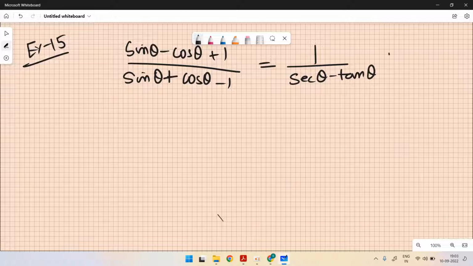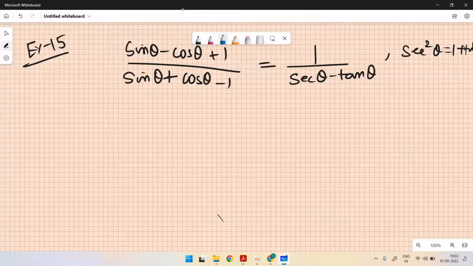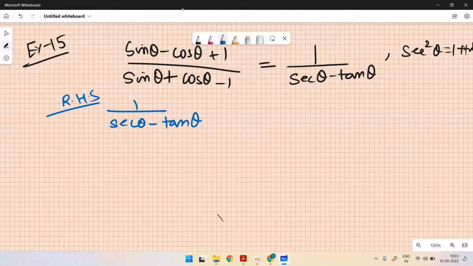They have said you need to use the identity secant square theta equals 1 plus tan square theta. Now, instead of doing LHS, I will first do RHS. My RHS is given as 1 by secant theta minus tan theta. Then you need to use this property, but you know there are no square terms here.